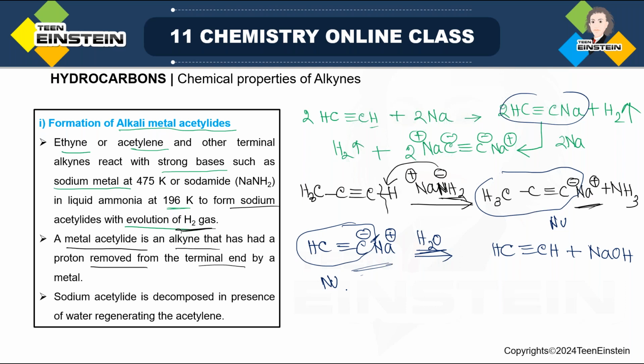This can combine with some other compound. And sometimes it may also be required that we do not need the salt and want to get back the original alkyne, then this hydrolysis is a good reaction for conversion to the original CC triple bond or alkyne. This is the first reaction, formation of alkali metal acetylide, because here the counter ion is an alkali metal.